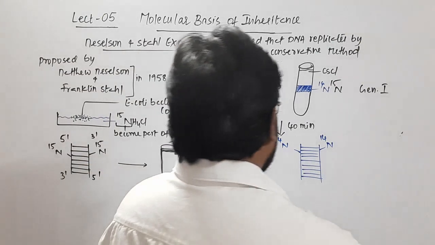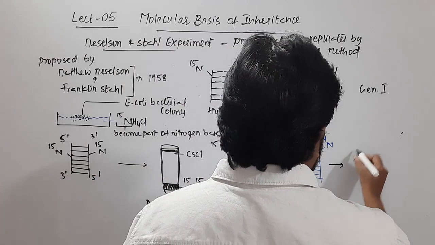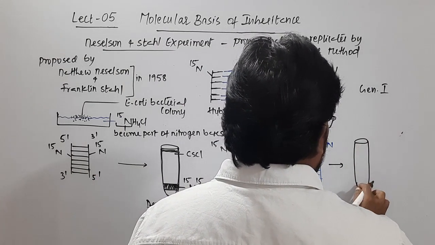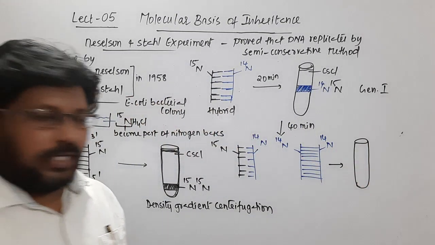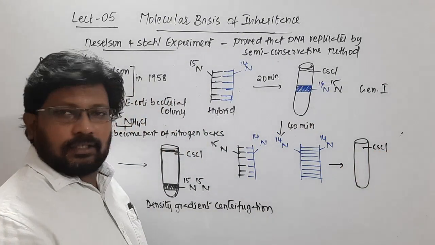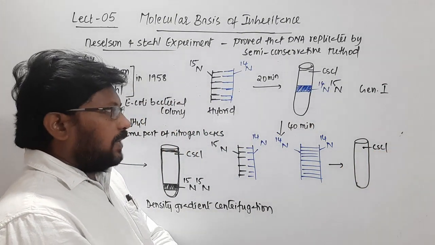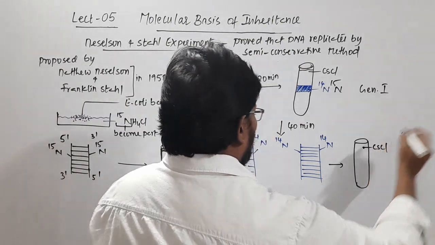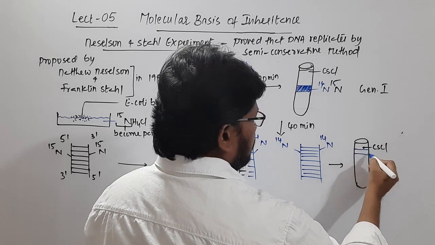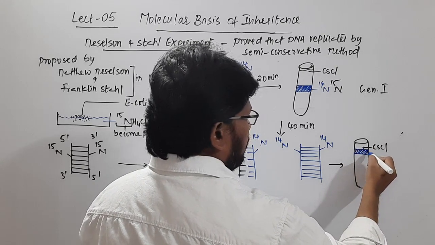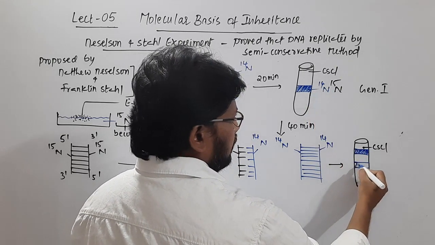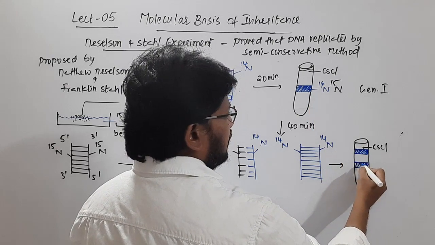Now when they did density gradient centrifugation again, in cesium chloride, CsCl, they obtained one band near the top of the test tube, and one band that was already seen at the center, similarly to the previous experiment.